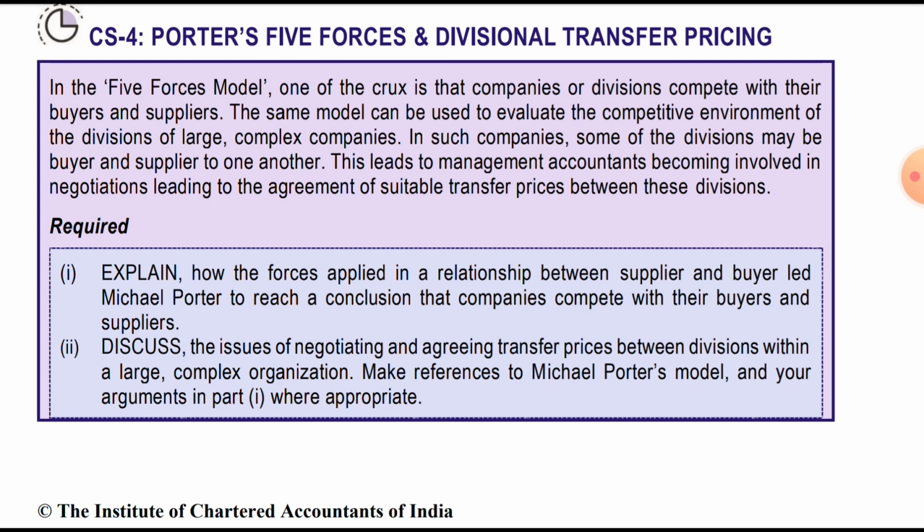So here comes the negotiation part: what would be the transfer price, because performance is being evaluated on the profit they generate. It should be beneficial for both the buying division and the selling division. This leads to the management accountant becoming involved in the negotiation, leading to agreement on a suitable transfer price between these divisions. So the concept is clear.